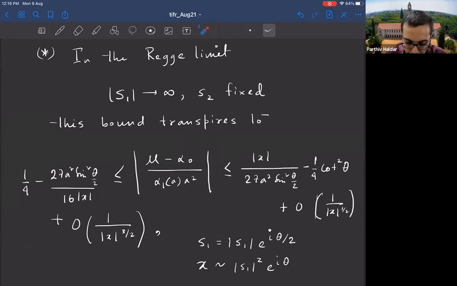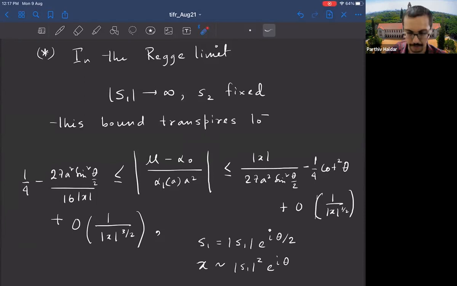But when S1 becomes real, that assumption actually falls flat. In fact, it turns out that the cuts again enter along the real axis.